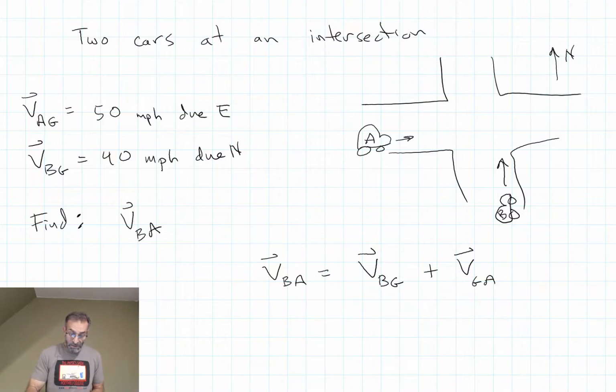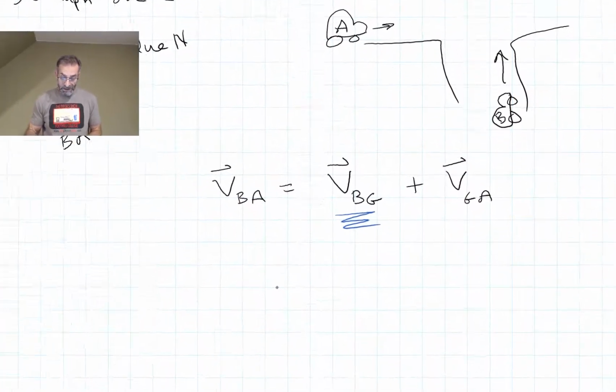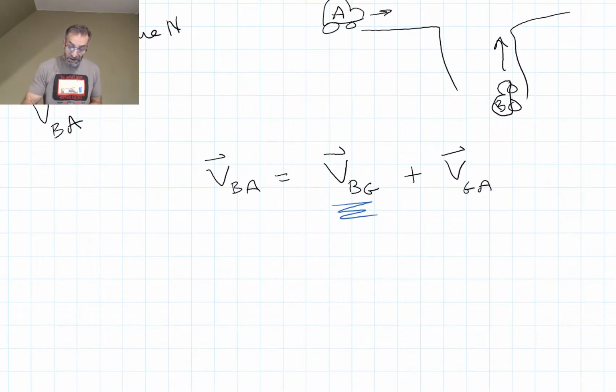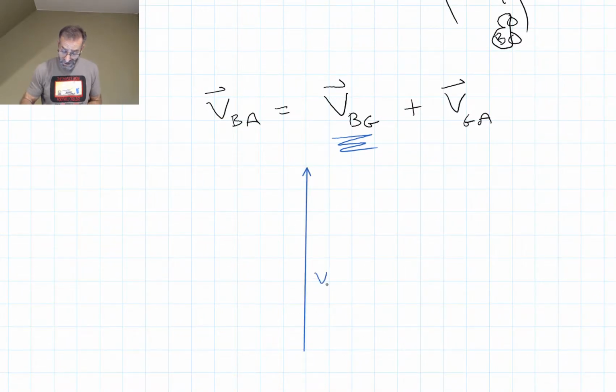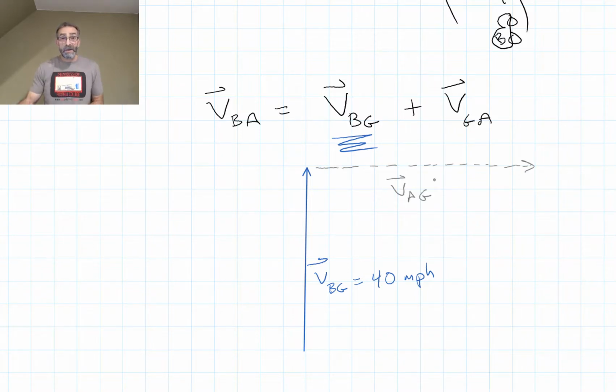So let's take a look at what we've got here. I'll use blue again for the velocity of B with respect to the ground. That's due north with a length of 40 miles per hour. So there's my velocity of car B with respect to the ground. If I plot the velocity of car A with respect to the ground, I get this vector here. And I know that I can flip the subscripts because I don't want the velocity of A with respect to the ground.